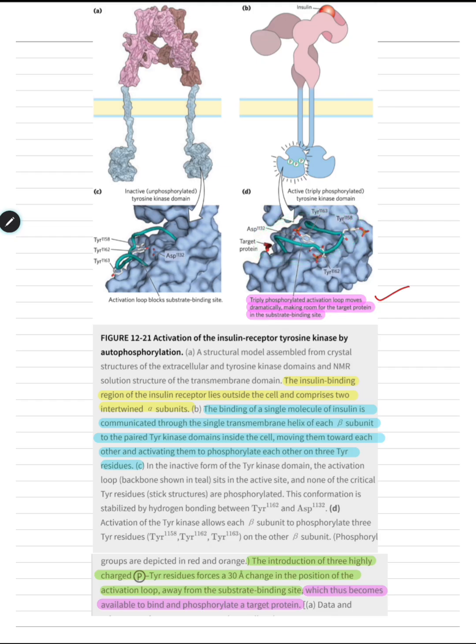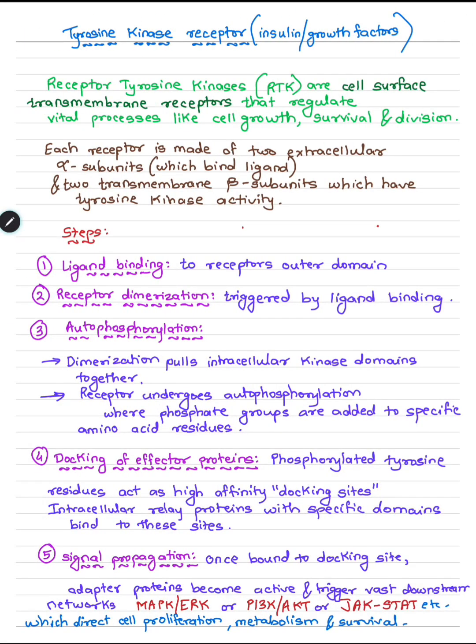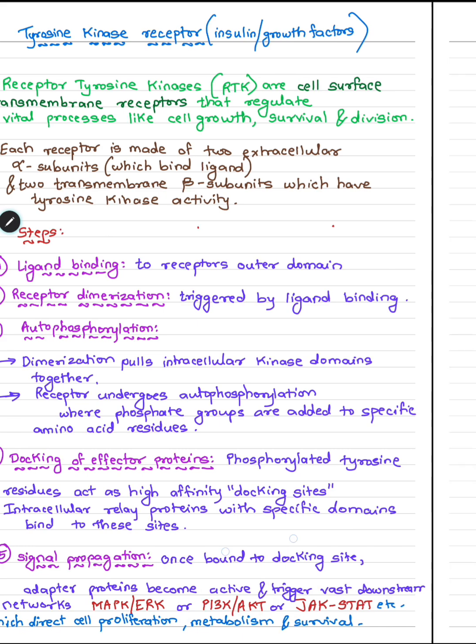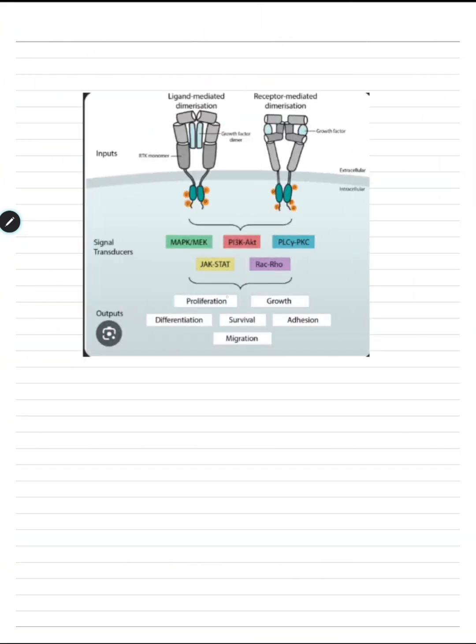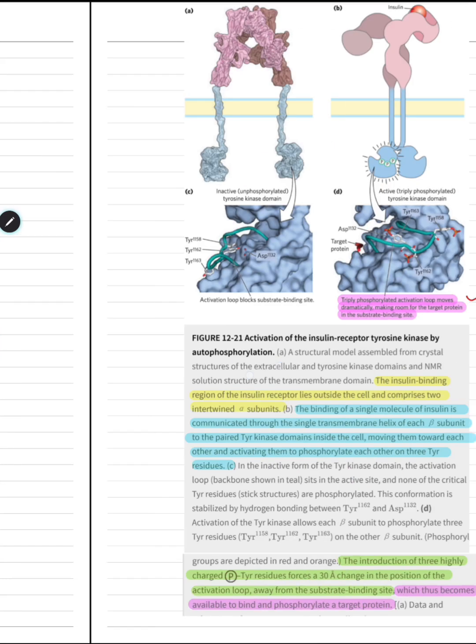This is the docking site that we were talking about. And then the relay proteins bind to these docking sites and they become active after binding, and they trigger downstream networks like MAPK, ERK, PI3, AKT, JAK-STAT, and they lead to outcomes like cell proliferation, growth, differentiation, survival, adhesion, migration.